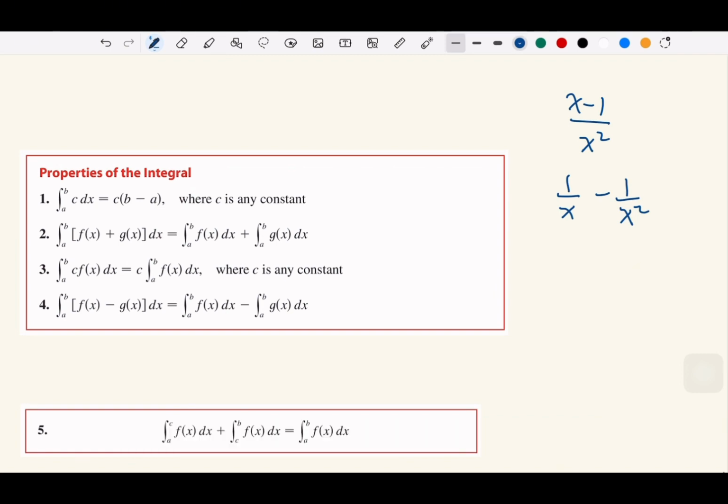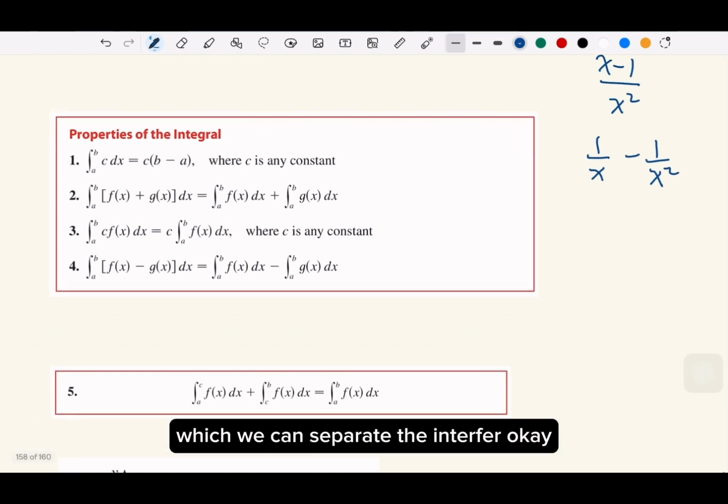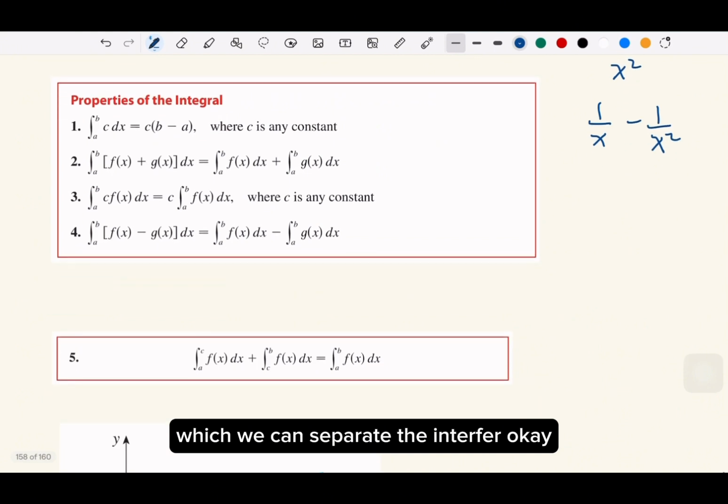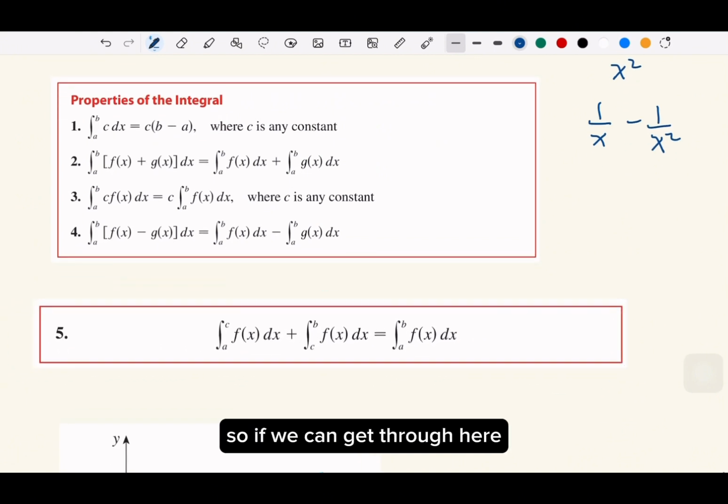Okay. And if you subtract, of course, it's the same as if you add, and then we can separate all together. And the most interesting is this number 5 property, which lets us separate the interval.